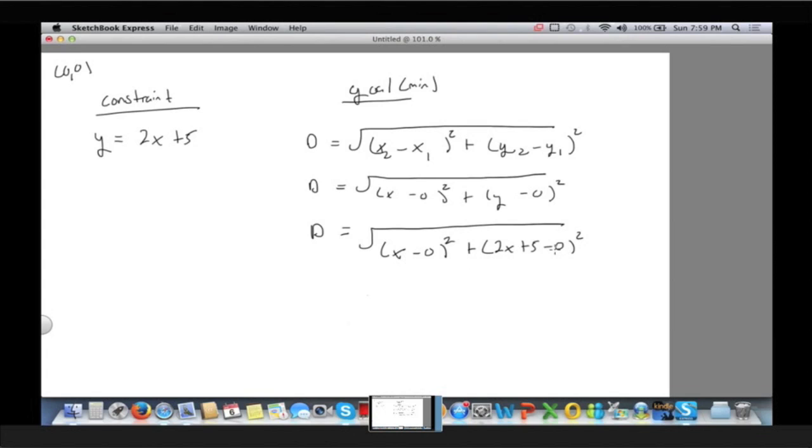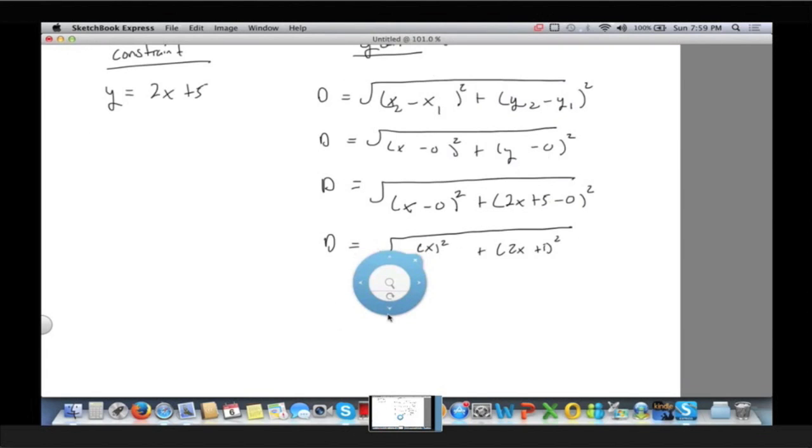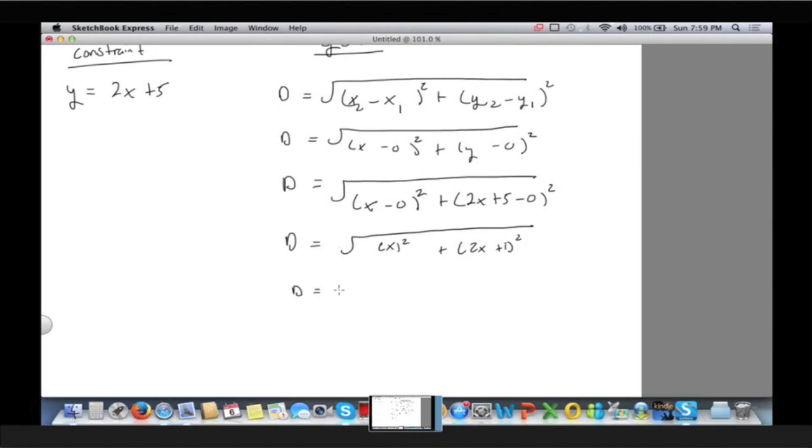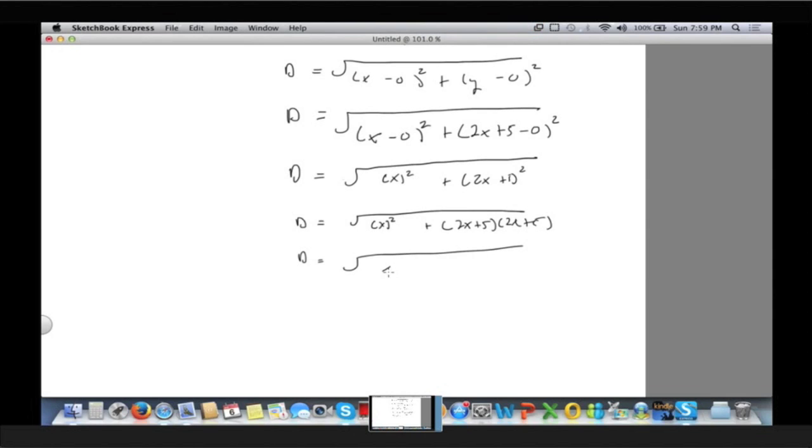And this would be good. One more. 10x, 10x. 5x squared.